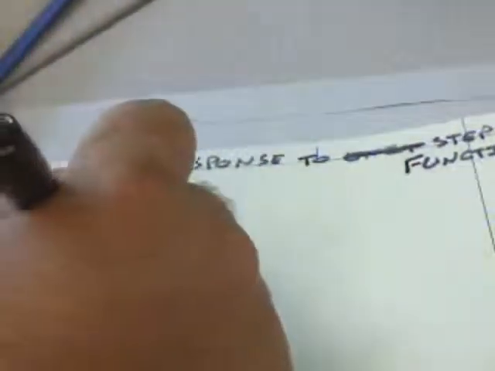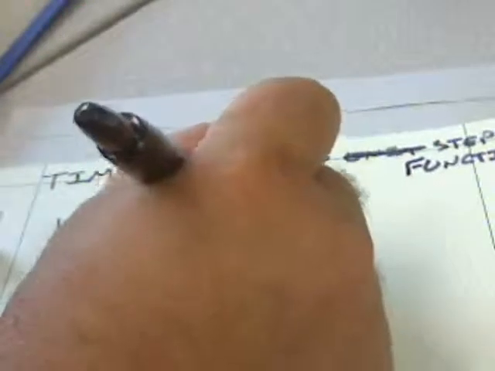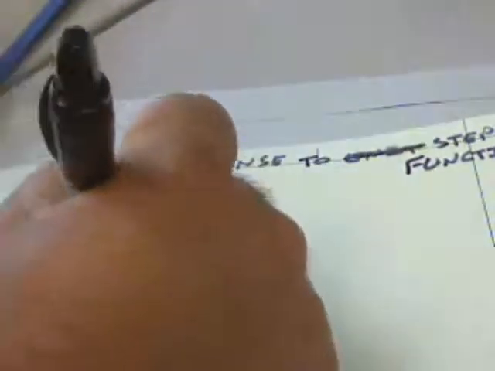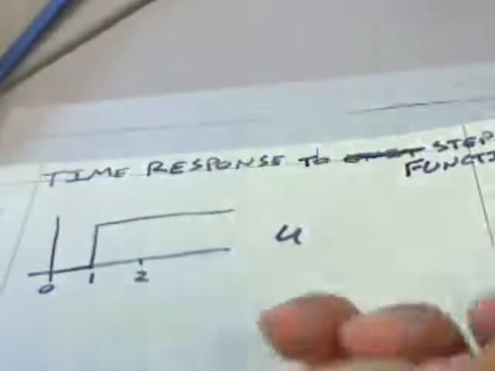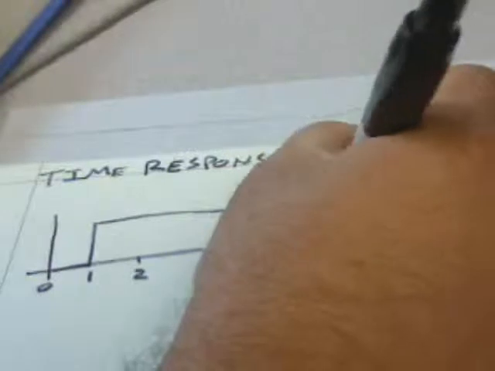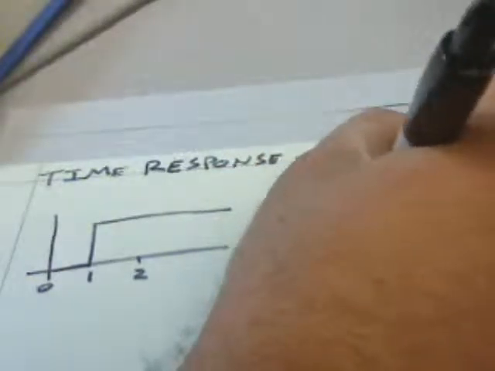So first off, let's remember what the step function is. It is whenever we take, in an instant, and jump from one amplitude to another. So this function here would be u of t minus 1.